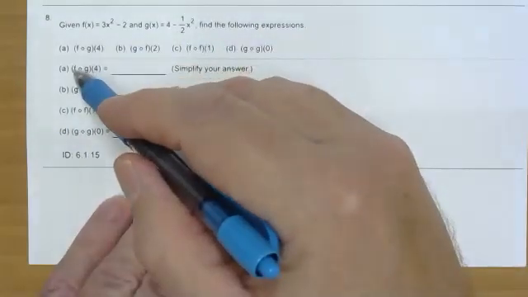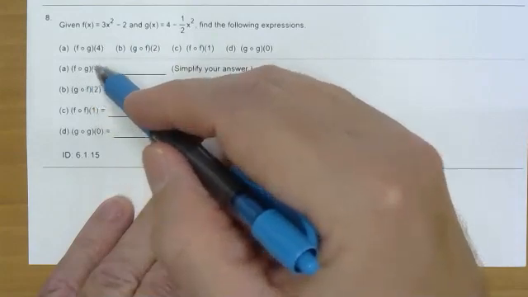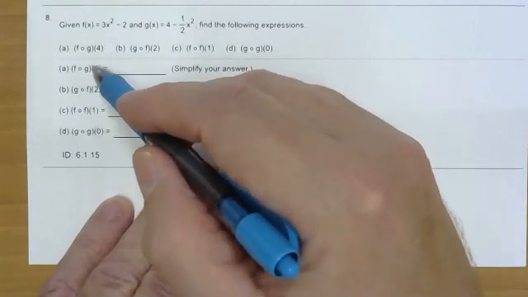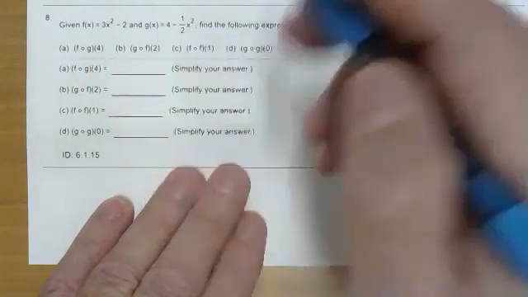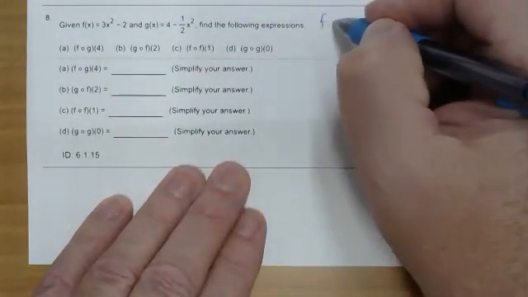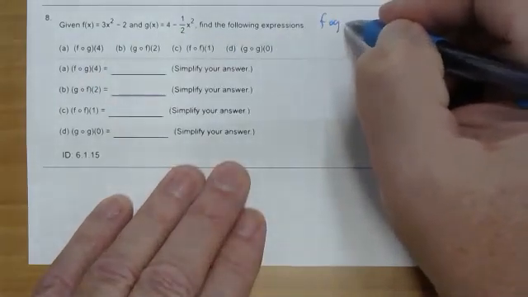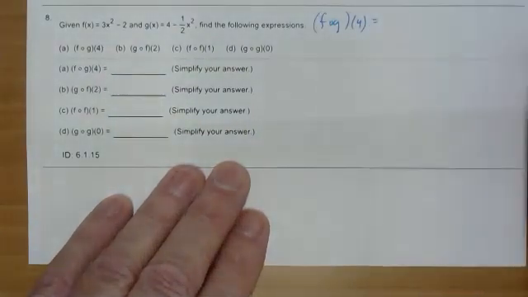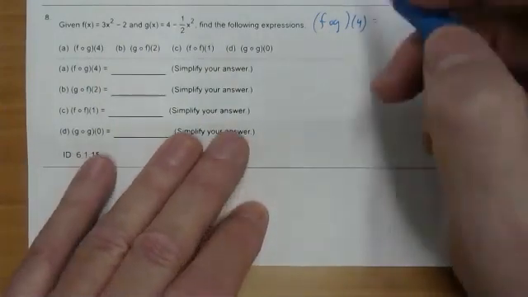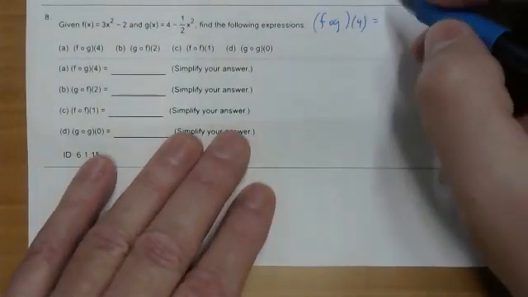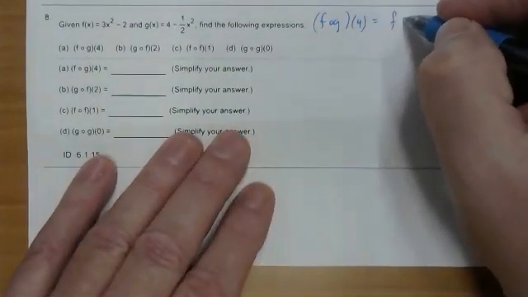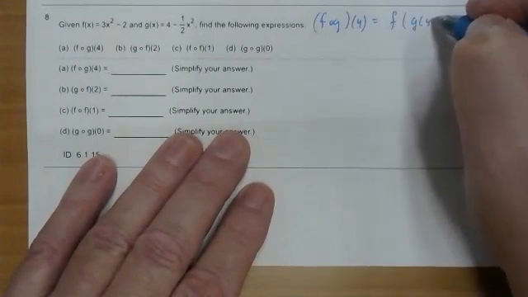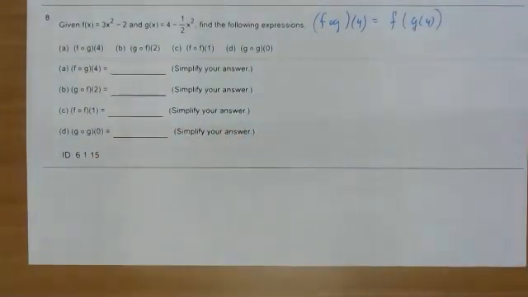The first one is f composite g when x equals 4. So here's how I write composite functions, which makes it, for me, a very simple problem. A composite function is basically what we're doing is f of g of 4.